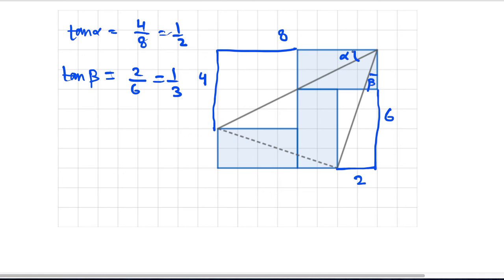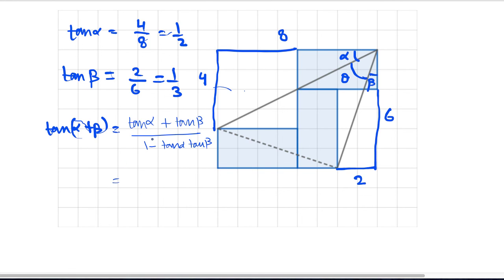Now this complete angle, let's suppose this angle is theta, so alpha plus theta plus beta has to be 90 degrees because it's one of the angles of a rectangle. Now what is tan of alpha plus beta? We know the formula: tan of alpha plus beta is tan alpha plus tan beta divided by 1 minus tan alpha tan beta.